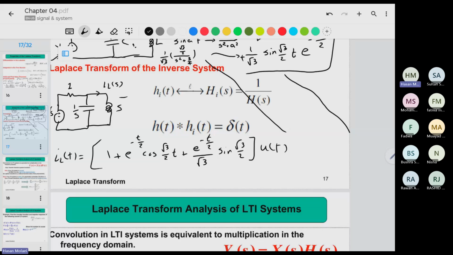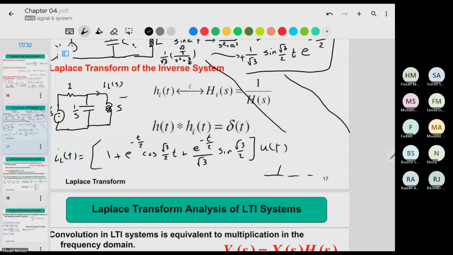What kind of damping is this? The circuit is overdamped, critically damped, or underdamped? That's underdamped, yeah. If you remember, it would be something like that.